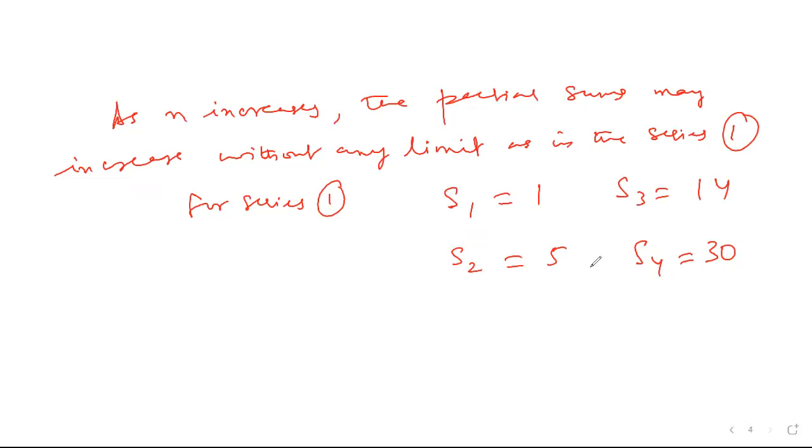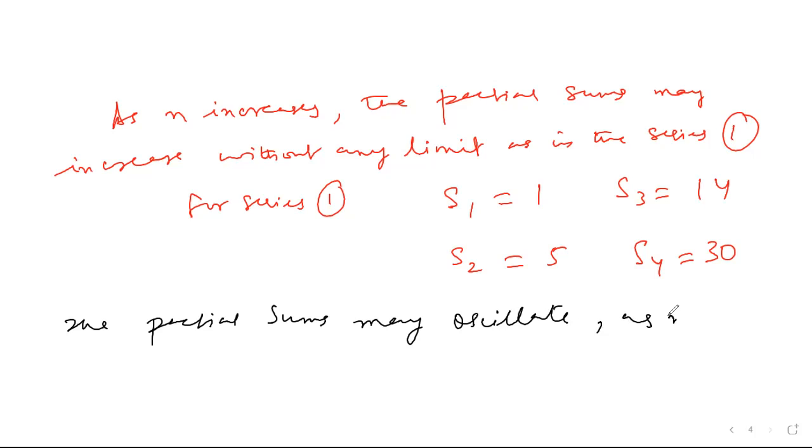Second possibility is the partial sums may oscillate as n increases.